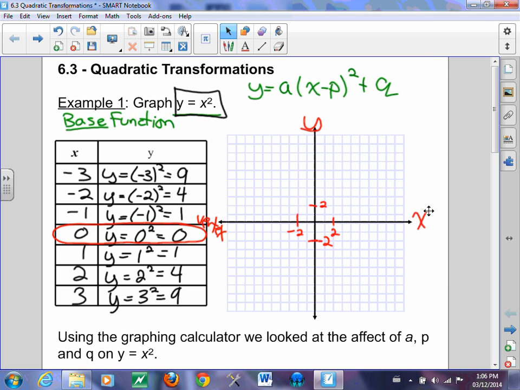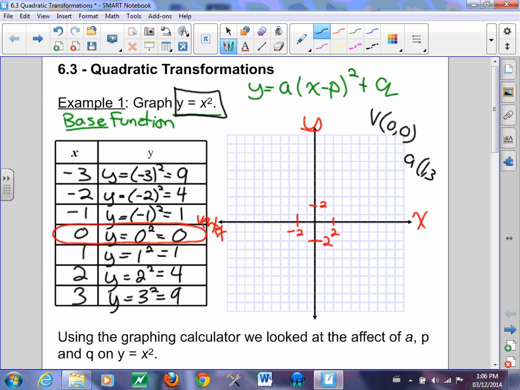Now there's two ways you can graph this, ladies and gentlemen. I'm going to show you the shortcut method. And remember, the shortcut method is you take your vertex, which in this case, folks, is 0, 0, because p equals 0 and q equals 0. And then you apply it to the step pattern, which is a times 1, 3, and 5. But a equals 1, so that equals 1, 3, and 5. So I plot my vertex, and then I do the step pattern.